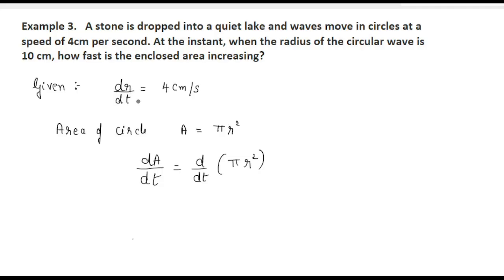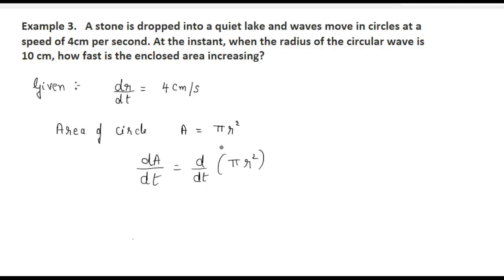So dr by dt equals 4 centimeter per second. We need to find the rate at which area is increasing when the radius is 10 centimeter. So given dr by dt is 4 centimeter per second. We know the formula of area of circle, that is A equals pi r square.